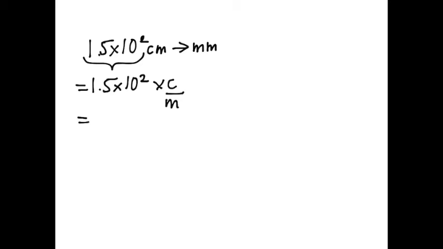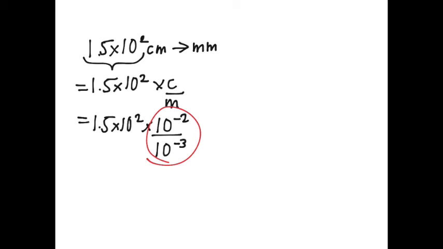Using our metric conversion table, we will see that the multiplying factor for centi is 10 to the power of negative 2, and the multiplying factor for milli is 10 to the power of negative 3. So once again, we need to simplify this expression, and this will become 1.5 times 10 to the power of 2 times 10 to the power of negative 2 minus negative 3.